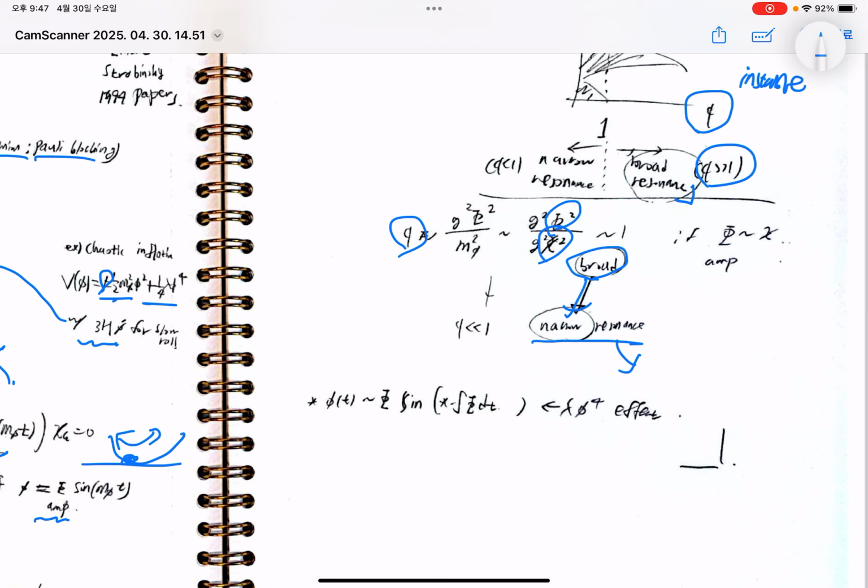And this preheating can be generalized by considering the non-linear term effect, lambda phi to the fourth, and the solutions of the inflaton oscillations become complicated due to such a non-linear harmonic oscillator form.